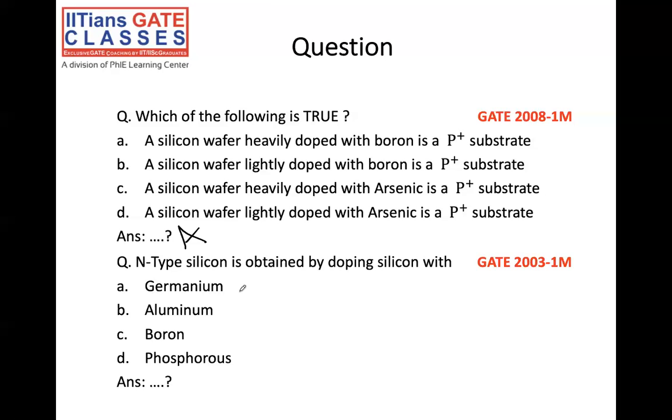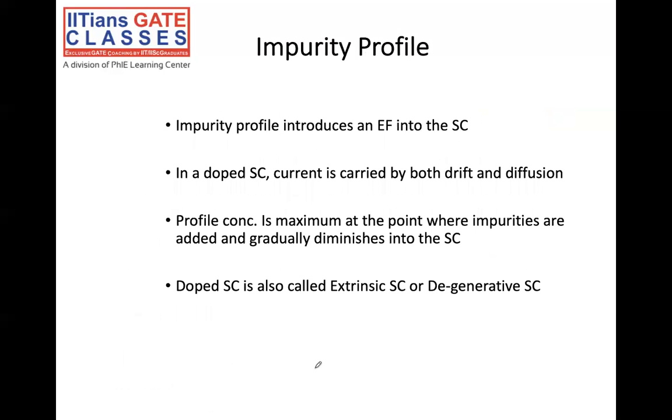So that is why option D is the correct option. So we can answer these questions easily, which came in the GATE exams earlier. Like this only, questions will come in the exam. So we only need to understand the basic concept, and we can solve questions. Now we'll come to the impurity profile.